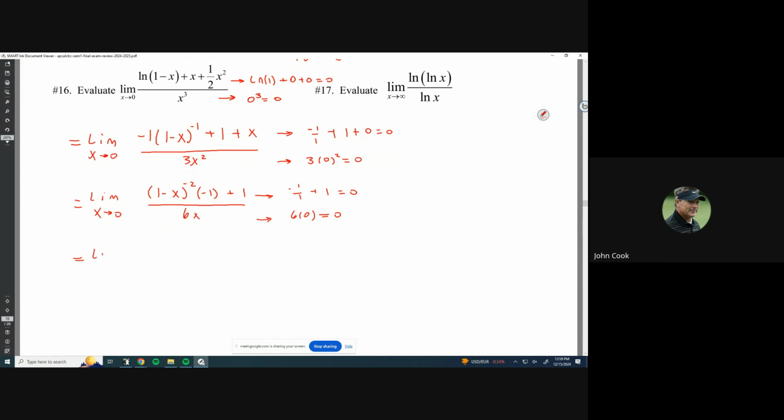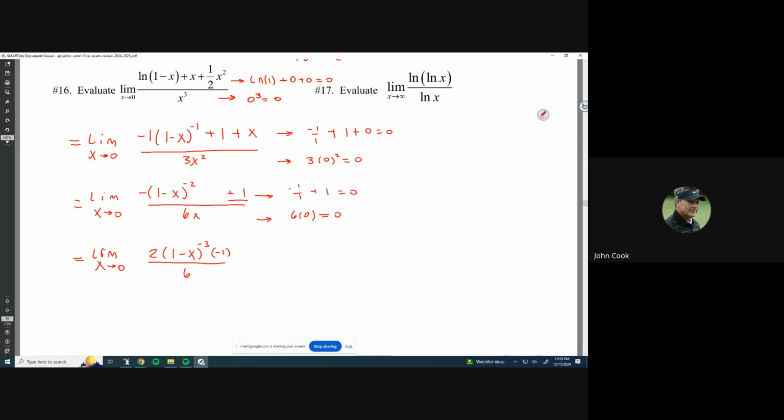Let's see what happens. So limit as x goes to 0. Again, use the chain rule here. Let me put that negative out front also. There we go. Negative 2 times negative 1 would be a 2. So 2, 1 minus x now to the negative third, times the derivative of the inside, which is negative 1, plus 0, because that plus 1 just becomes a 0, over the derivative of 6x, which is just 6.